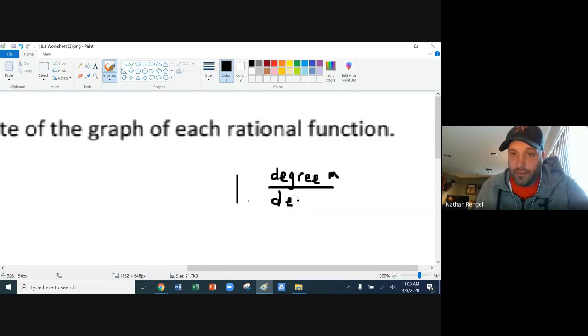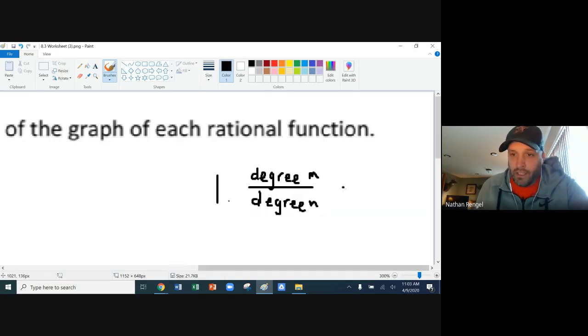And then your denominator, I'm going to call degree n. So first, if m is less than n, that means automatically you have an asymptote at y equals 0.